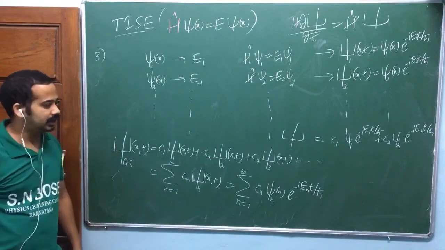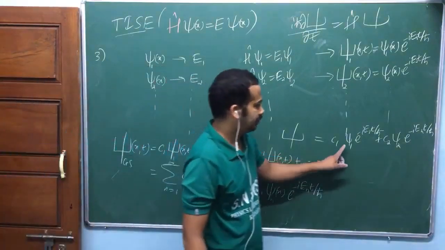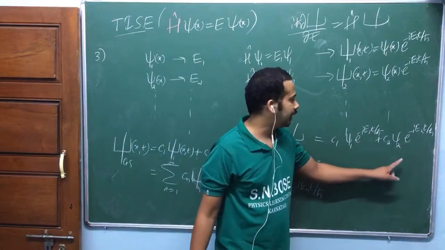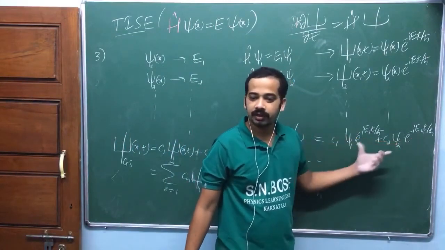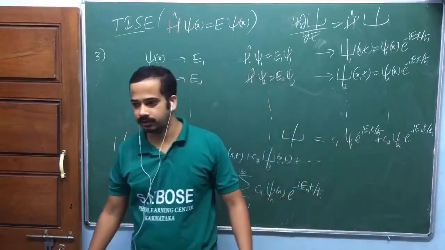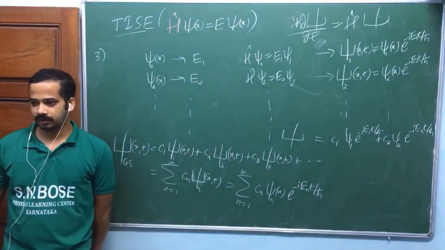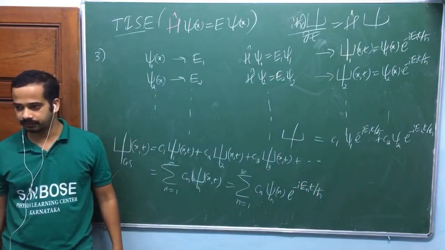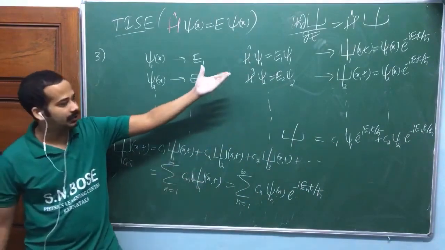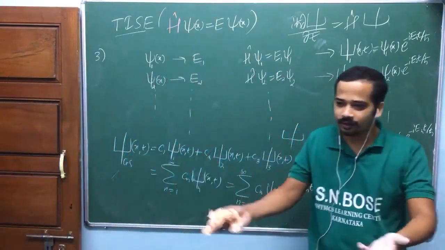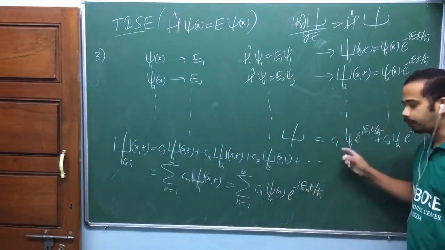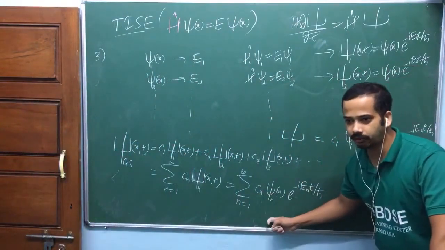Is that okay? The particle can be in the ground state with energy E1. The particle can be in the excited state with energy E2. The particle can be in the linear combination state. It's a property of that equation, a property of a linear differential equation. I mean, we found that equation in that perspective only, am I right? It should allow superposition. We call this a superposition state also. This is the most general.